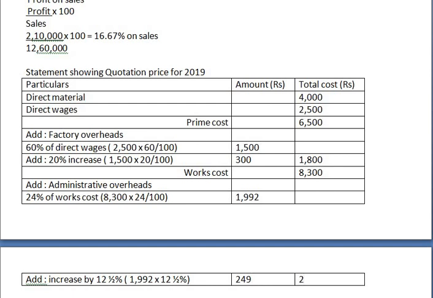So that will be 2241. Okay, now make a total. So this total is 10,541. Okay, now this is called as what? Cost of production.